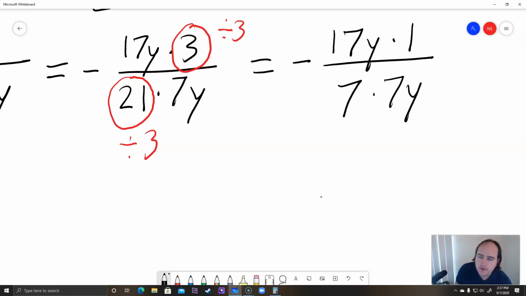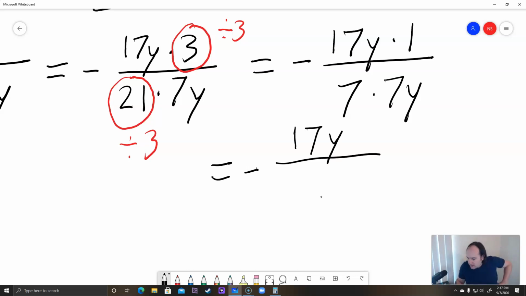Since there are no more common factors, we're going to multiply on the top and the bottom. On the top, negative 17y times 1 is just negative 17y. On the bottom, 7 times 7 is 49y.